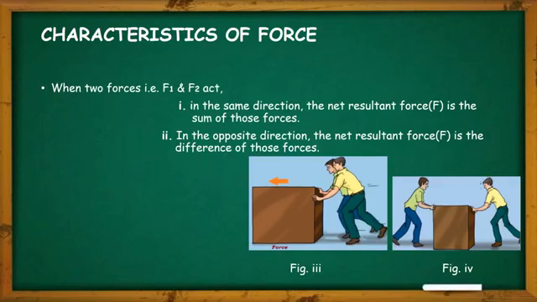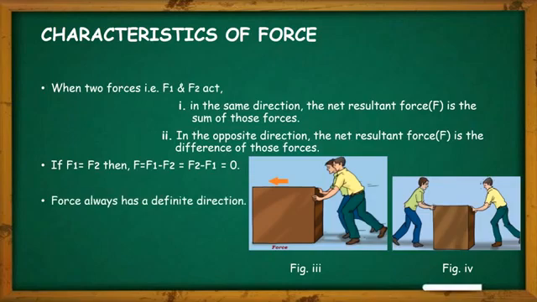Mathematically, the net force acting upon this object is F1 minus F2 or F2 minus F1. But what will happen if F1 is equal to F2? It means both persons are applying the same amount of force upon that object but in opposite directions. In this case, the net force F equals F1 minus F2, or F2 minus F1, which is equal to 0.